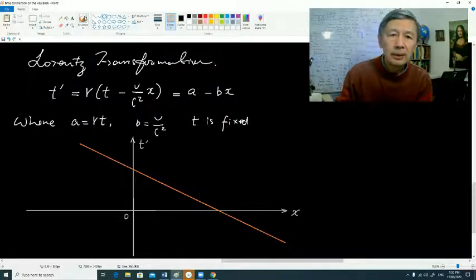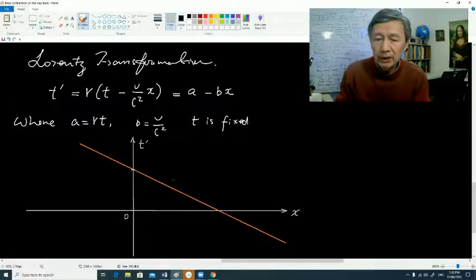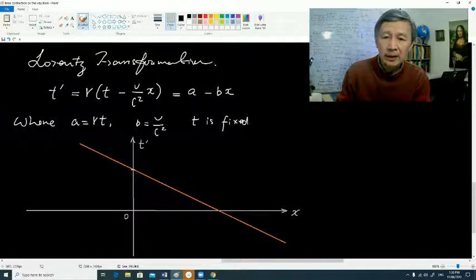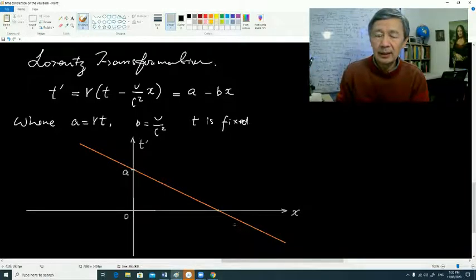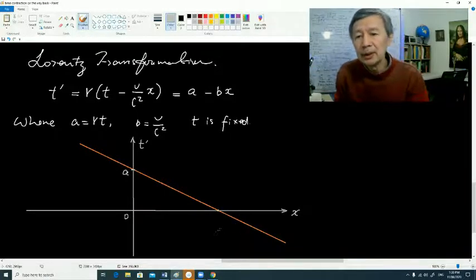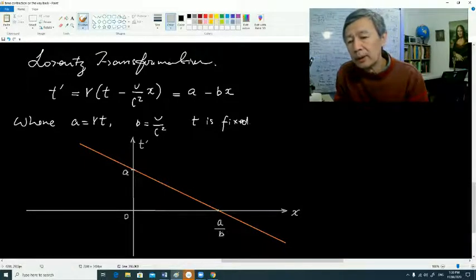According to our high school knowledge, at x equal to 0 this will be the y-intercept, which is a. And this one will be our x-intercept. In this case, the x-intercept would be a positive number, a over b.